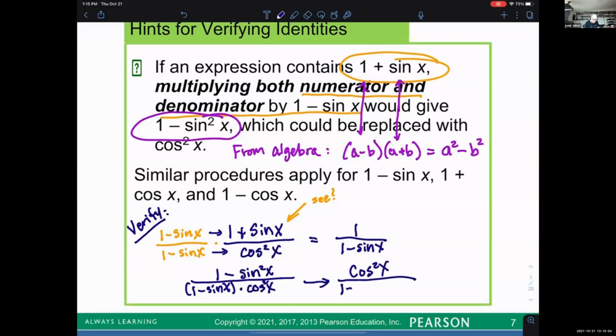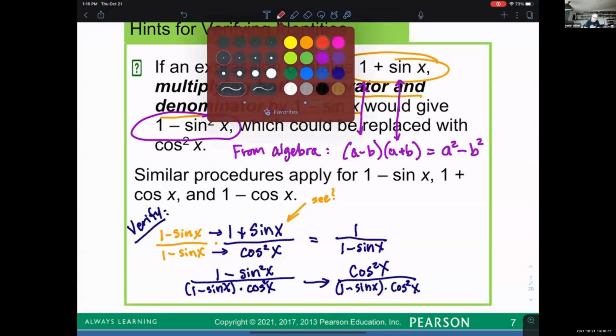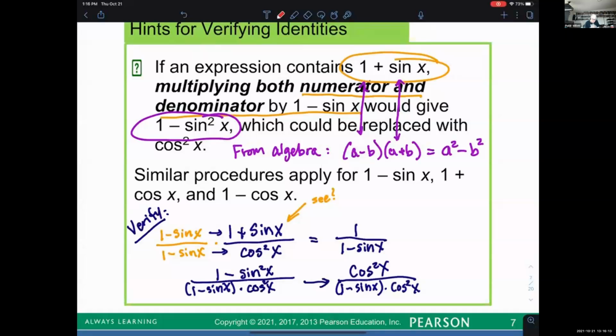On the bottom, I have 1 minus sine x that's multiplied by cosine squared x. And then because I replaced that on the top, I all of a sudden have the option to recognize that I have cosine squared x in the top and the bottom, so I can cancel those, leaving me with a 1 in the top and 1 minus sine x in the bottom, and then we can see that that's what we have on the right side.